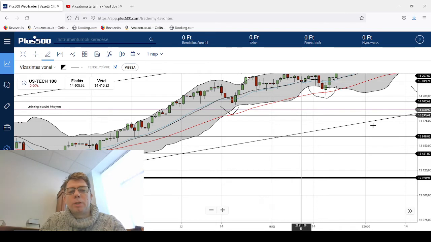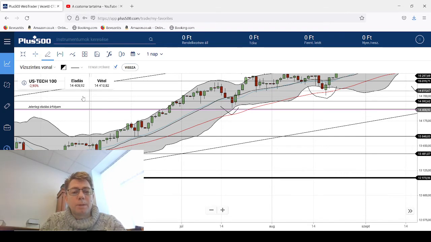Yeah, so I'm watching that area that I shared with you and see what's going to happen there, but it's possible that we will have a pullback to the upside.